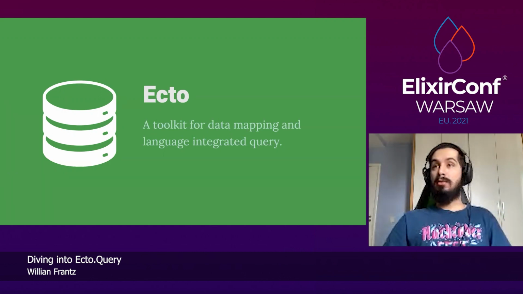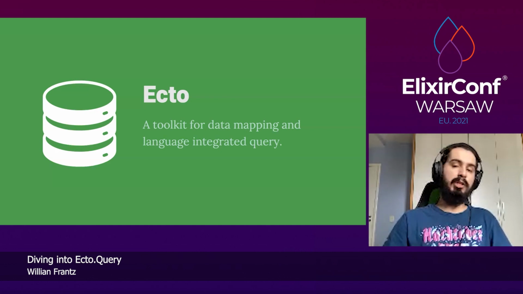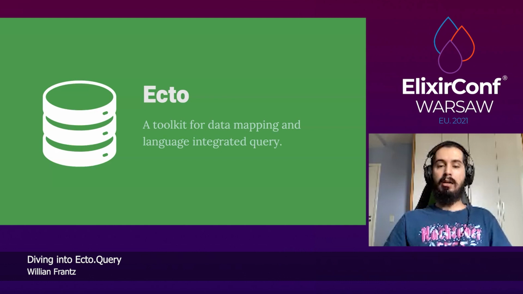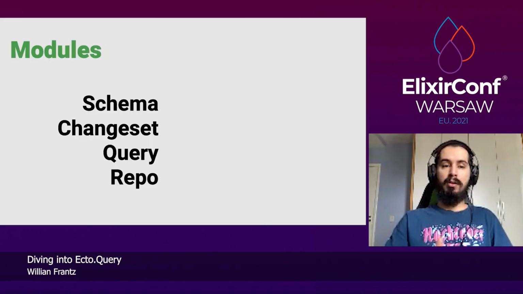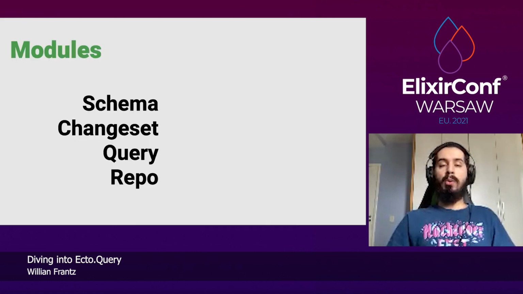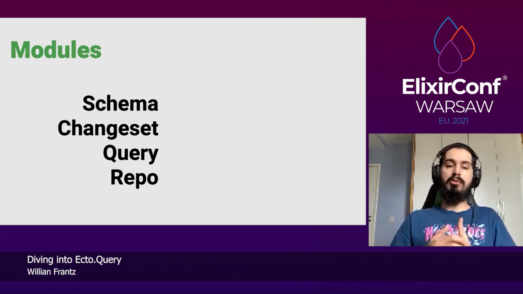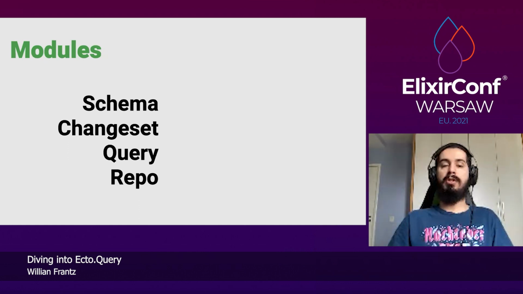And this is what Ecto does. So it's pretty much a bridge. It connects our application to our database. And it has four main components that we usually use when we are creating our application.